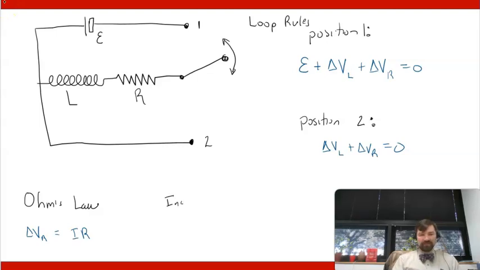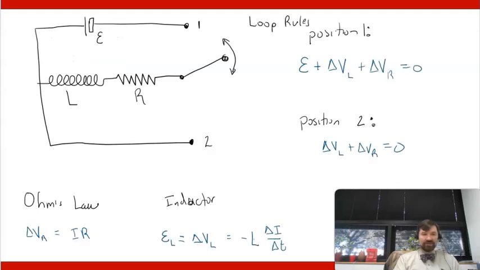And then for an inductor, we can make use of the fact that the induced EMF, which is essentially your voltage drop across your inductor, should look like negative L times the rate change of the current through the inductor. Okay, so we can look at these as possibilities.